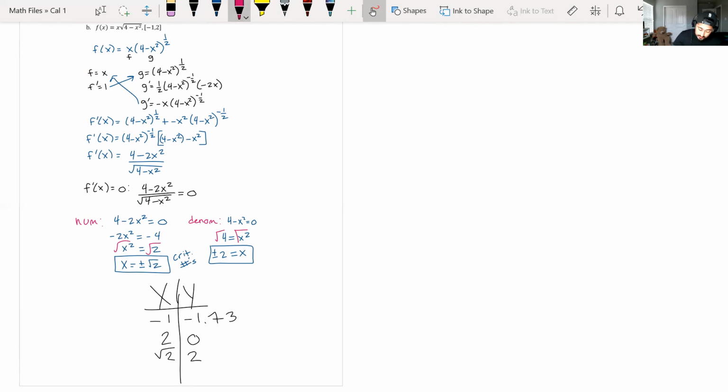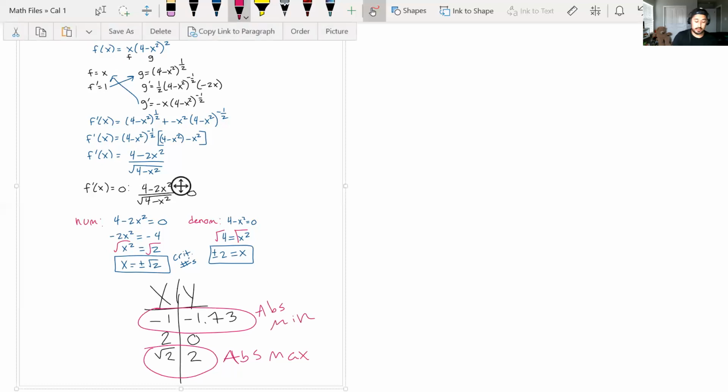Okay, largest number is 2. Here's my absolute max. Smallest number, negative 1.73, absolute min. There it is. Okay, perfect.